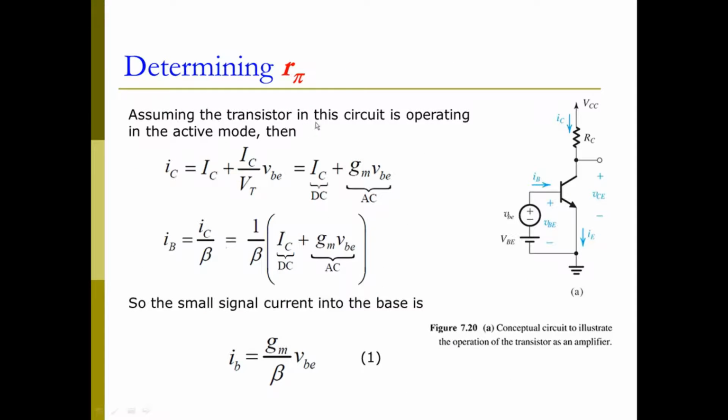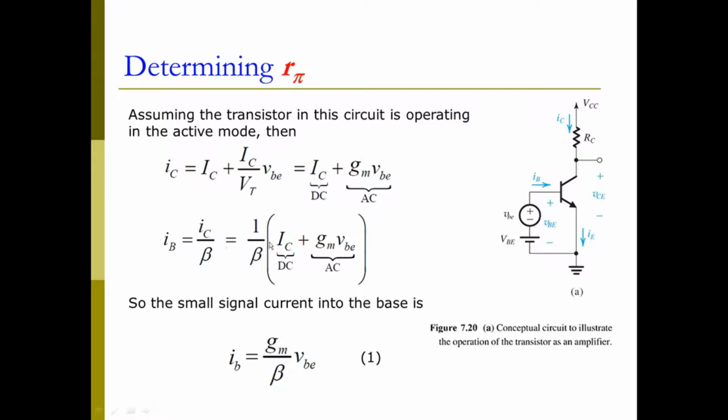Assume the transistor in this circuit. Now this is a common emitter circuit. If it is operated in the active mode, the total current equals DC current plus AC current, which we derived before, and our base current will be the collector current divided by beta.